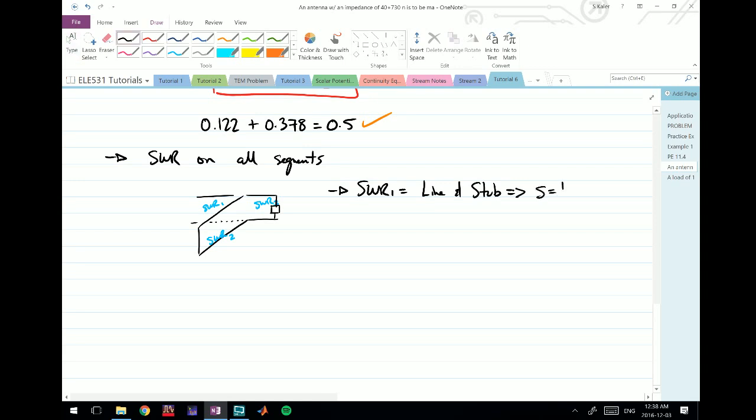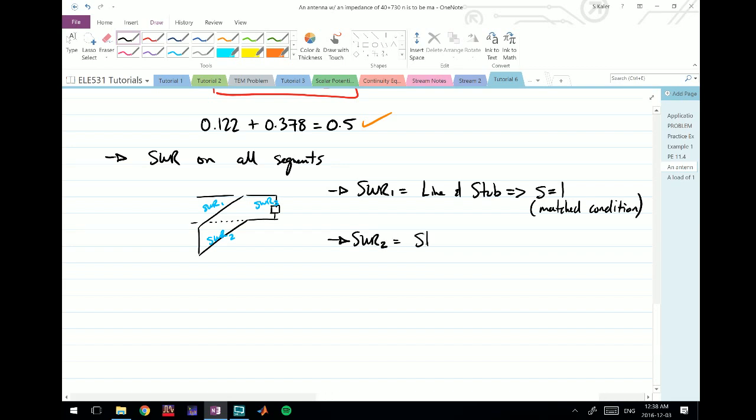This means S equals 1. So this is matched condition, because the whole purpose of inserting the stub in the first place was to match the impedance of the stub to, or the impedance looking into the load to that of the line, right? What's next?